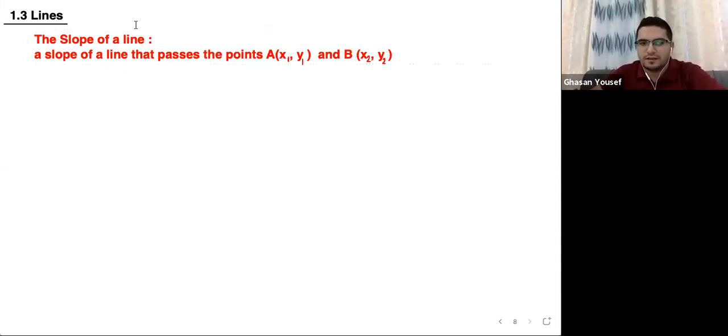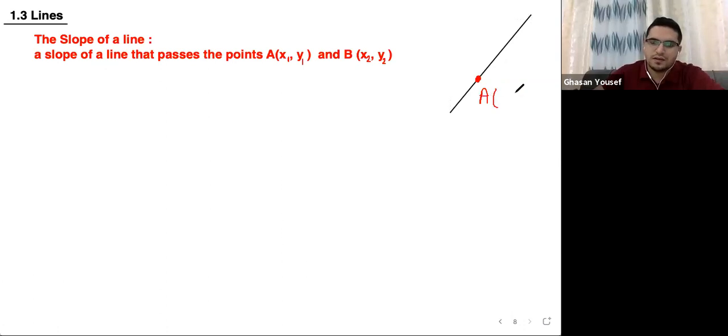Okay, suppose I have a line. So the line looks like this graph. I will graph it. I have a line like this. This line passes two points. The first point is A. This A is (x1, y1). The second point is B. This point is (x2, y2).